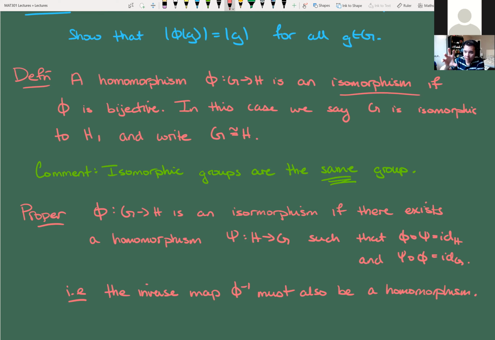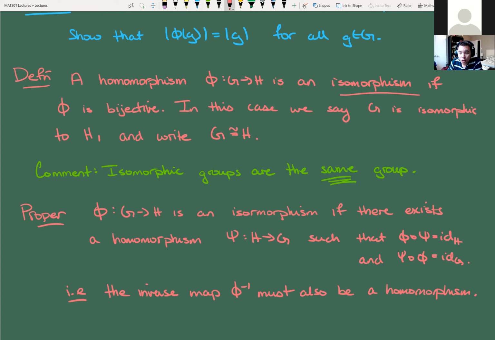So if you have a map phi, which can embed the information about G into H, and then you have another homomorphism from H into G, which similarly embeds the information about H into G, well, the only way that both of those things can be true is if G and H are in fact the same group, right? That's sort of the idea there. So that's kind of a first level understanding of why we would demand that there's an isomorphism, or rather a bijective homomorphism going this way and a bijective homomorphism going the other direction.